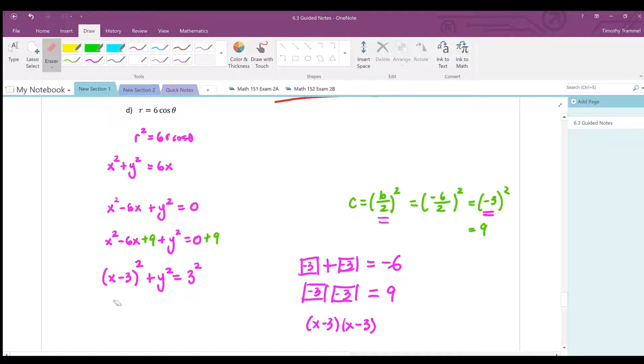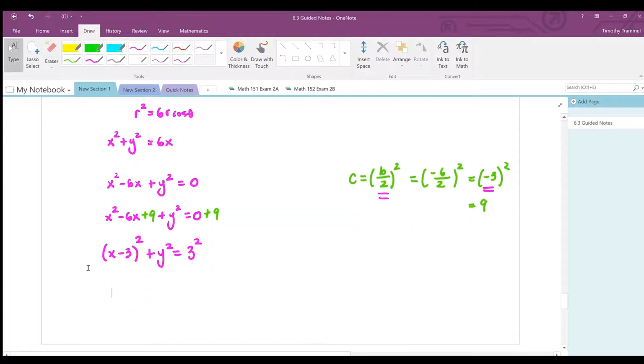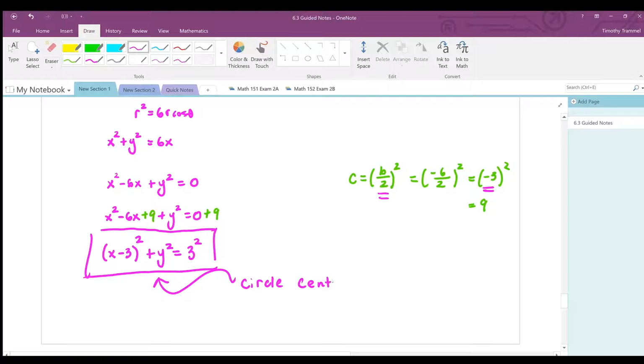So after all this work here, what we found is we have a circle. Let's see precisely what circle though. So circle centered at 3, 0, right?